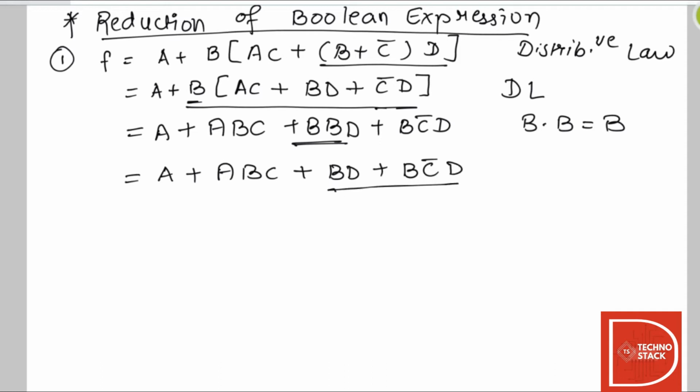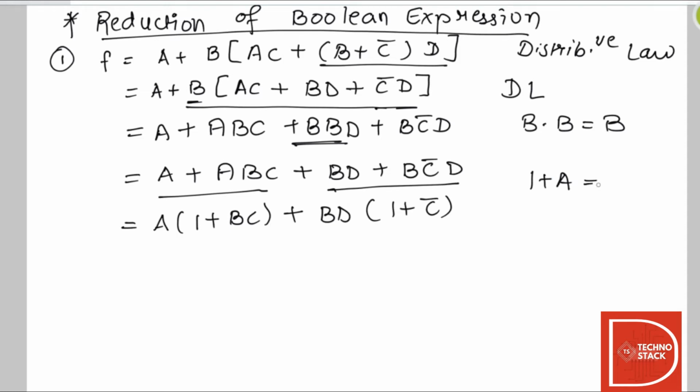Now from these terms we'll take bd common, and from the others we'll take a common. So we get a(1 + bc) + bd(1 + c̄). From the OR laws, 1 + a is equal to 1, no matter what a is. So both of these become 1, giving a + bd. This is our final result.